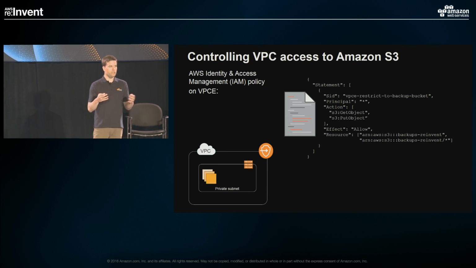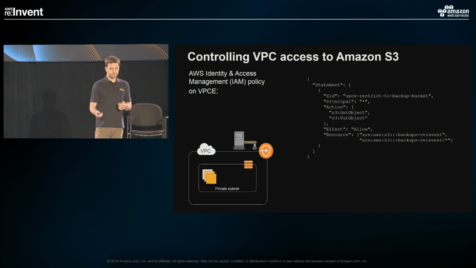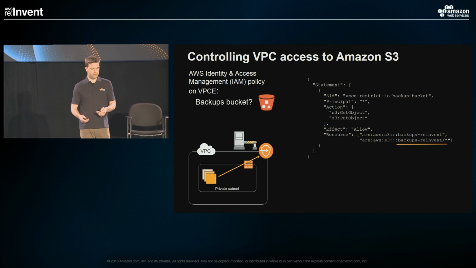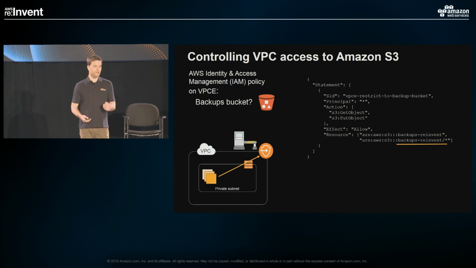So you can only use this VPC endpoint to go out to a specific bucket. I apply it to the endpoint, and it's only for get and put. And so instances that have the route to the VPC endpoint are allowed to get out if they are going to that bucket.